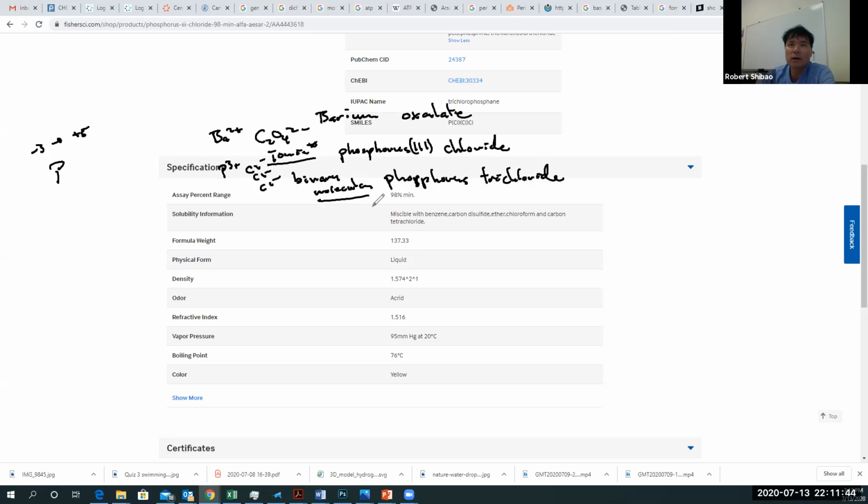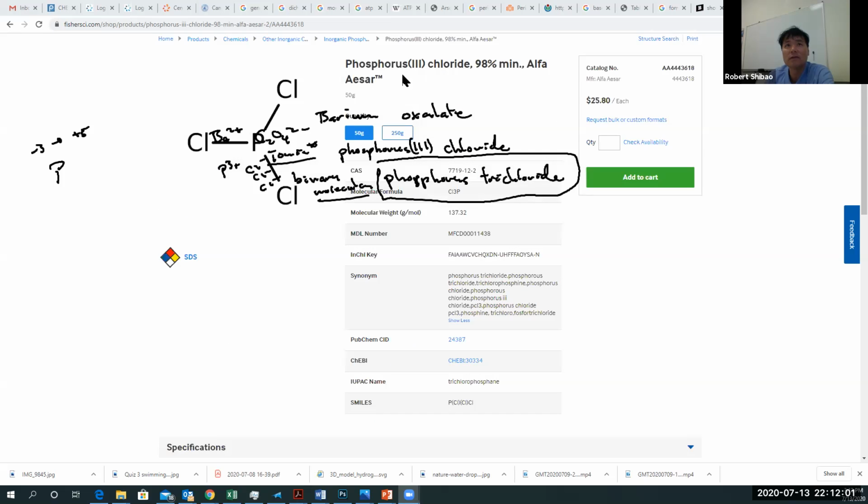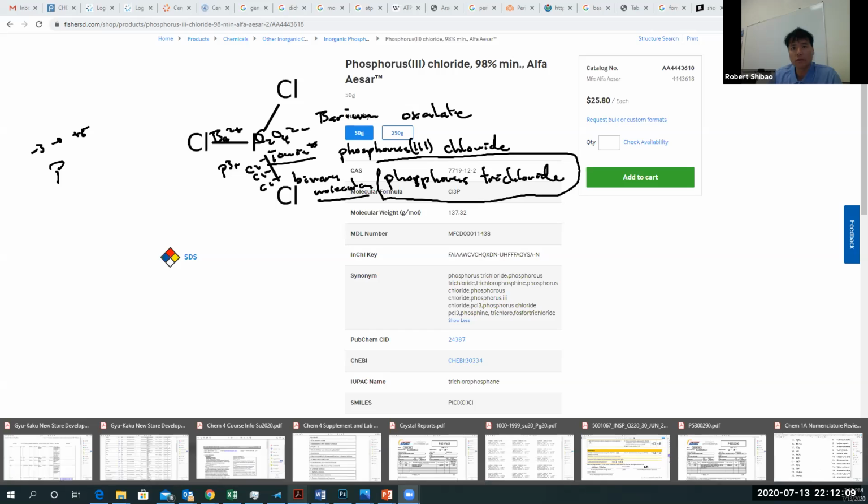But you have to be aware of other ways of naming it, because if I went to the catalog, the Fisher Scientific catalog, it doesn't call it phosphorus trichloride. They call it phosphorus 3 chloride, like the ionic compound. So what should you call it?